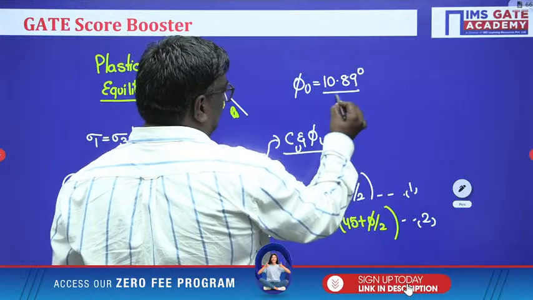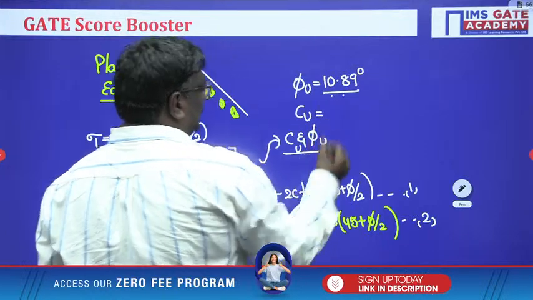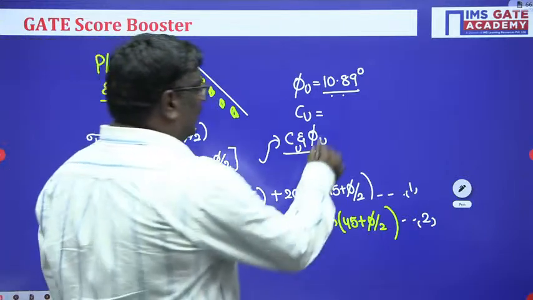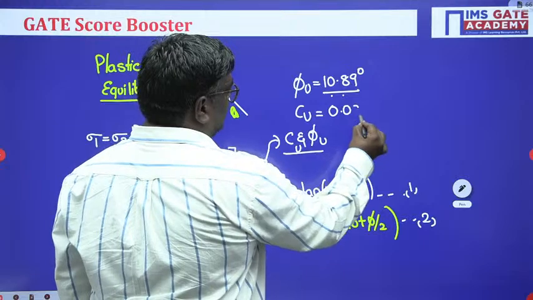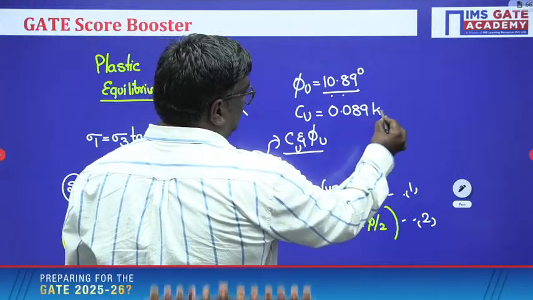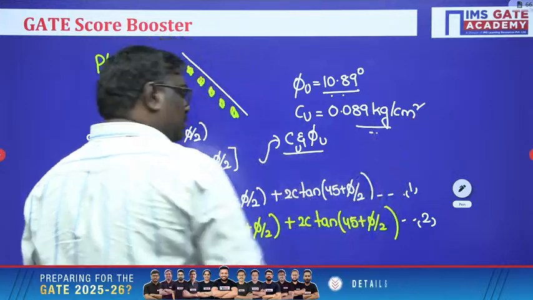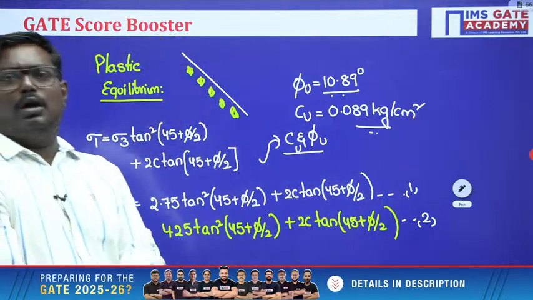This is an undrained question. And Cu will be 0.089 kg per centimeter square. This is for the undrained condition where the water table is not considered. I hope you are clear.